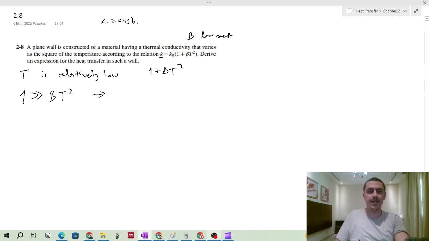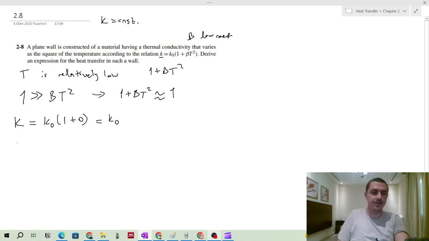You can neglect that beta T squared and say 1 plus beta T squared is approximately equal to 1. So you will get K is K0 times 1 plus 0, approximately, right? So you will have K equal to K naught.